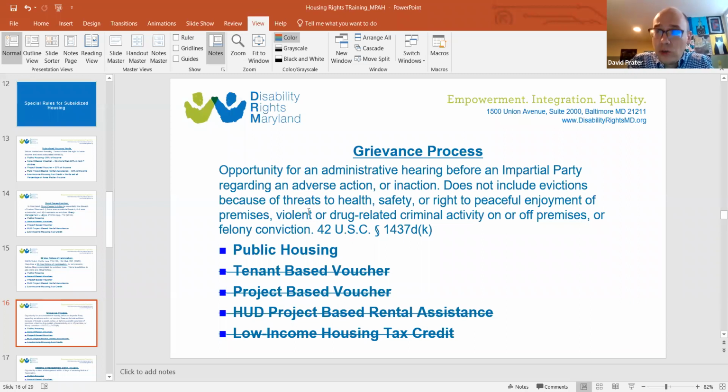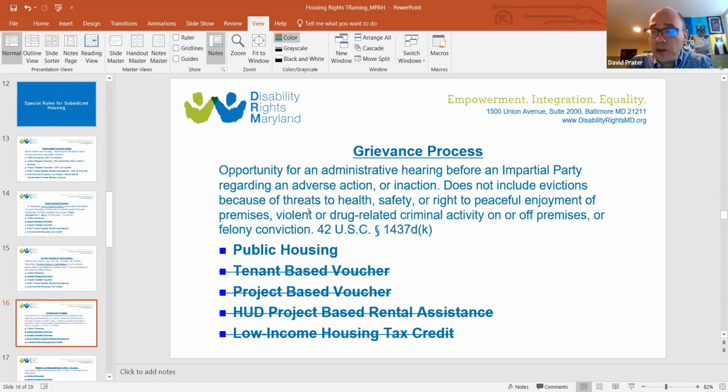I would like to exercise my rights under your grievance process to understand why it is you're deciding to evict me. And there are typically two stages to this. One, there's an informal stage where the landlord and the tenant will meet to see if there's some resolution. And then there may be a more formal grievance hearing where the tenant has the right to put on their case and the landlord has the right to put on their case before the impartial party to decide whether or not the notice of termination should go forward or not.